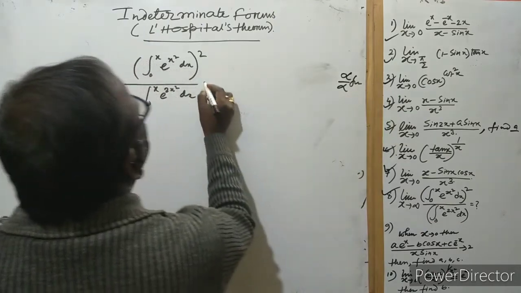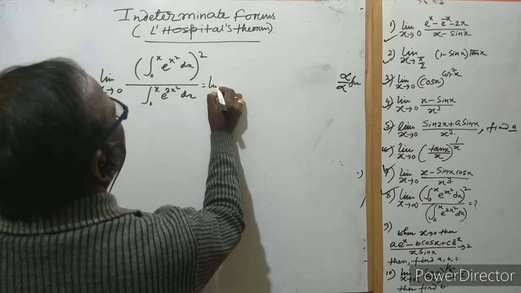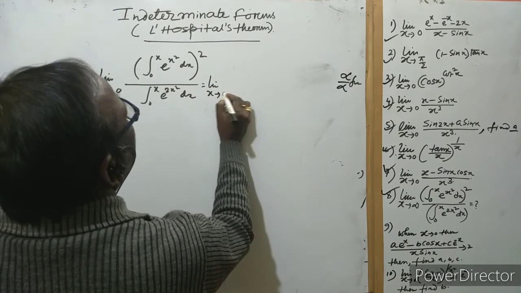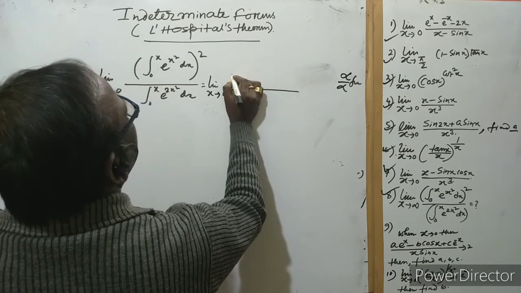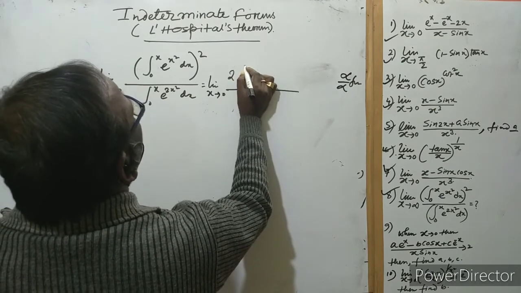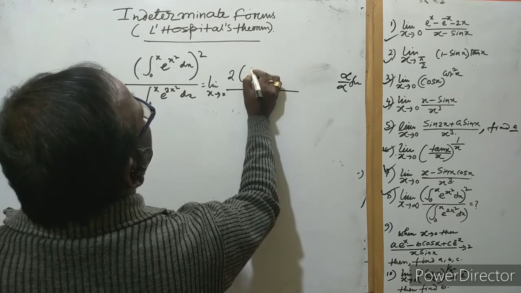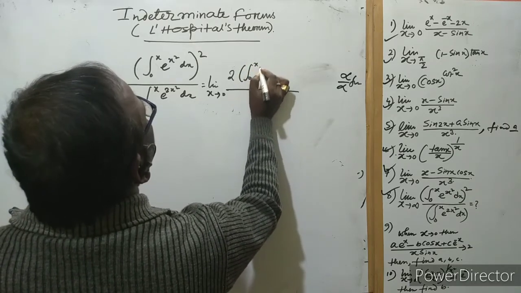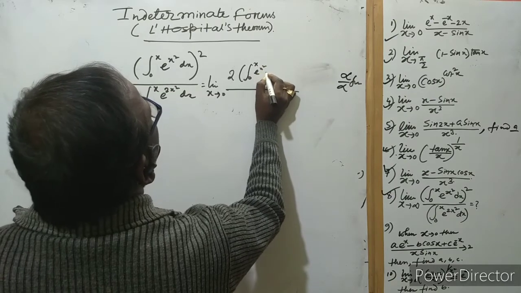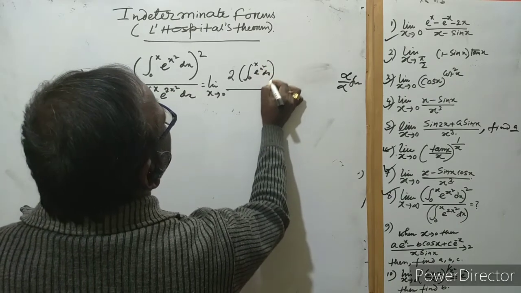So you apply the L'Hospital rule. The rule is to differentiate: this is 2 and within the bracket, the integral 0 to x of e to the power x square dx.